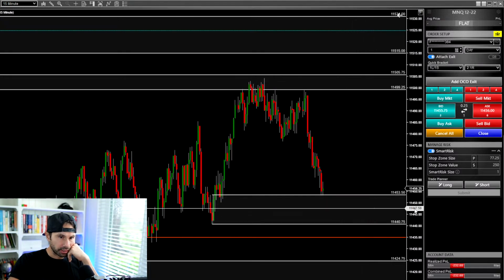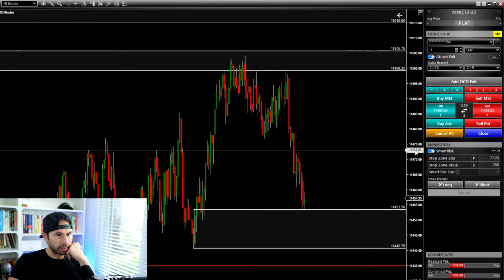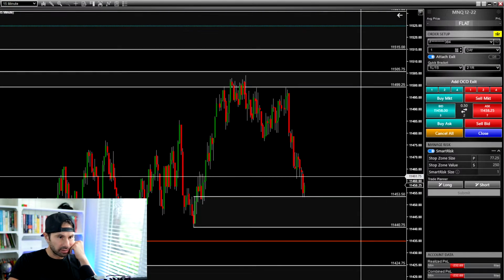So here it is, reaching this level. I think the momentum is not good to either side, either short or long. I was long bias.